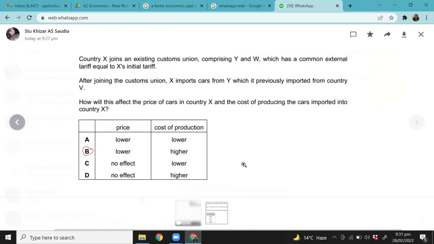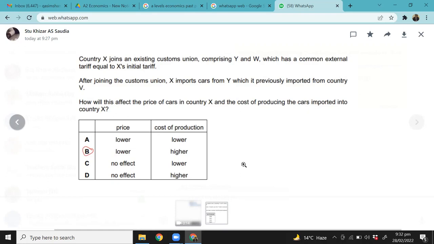After joining the customs union, X imports cars from Y, which it previously imported from country V. How will this affect the price of cars in country X and the cost of producing the cars imported into country X? Okay, now this is interesting.